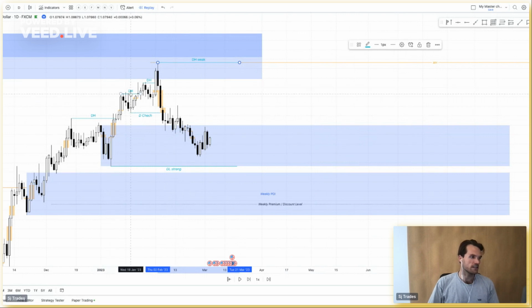Because this is the daily, this is the daily leg. This is like structure, but as I tried to explain in another video. And so we're expecting this to keep pushing up.